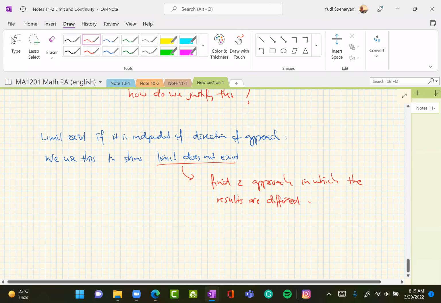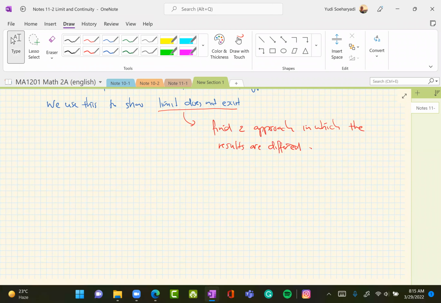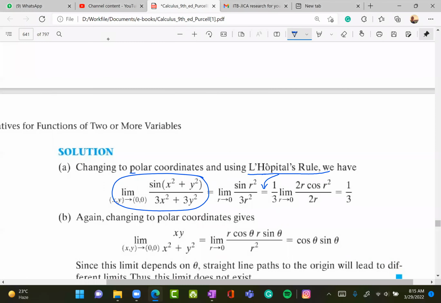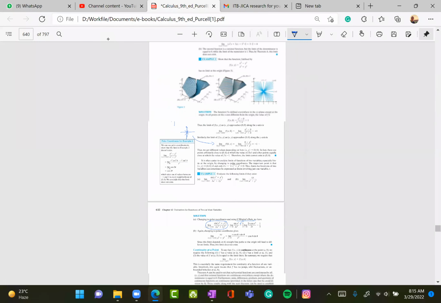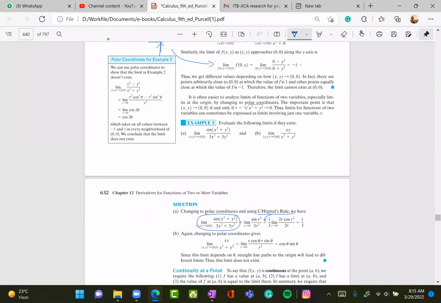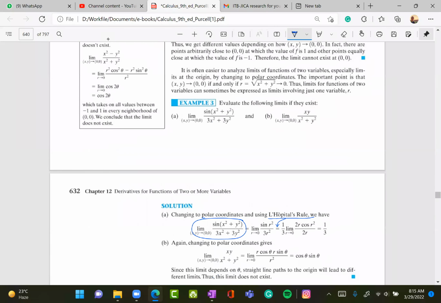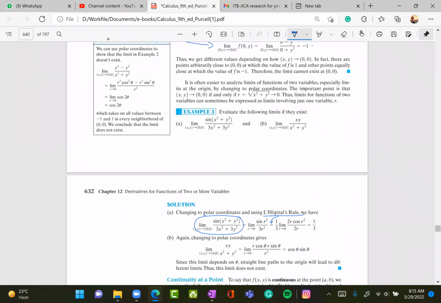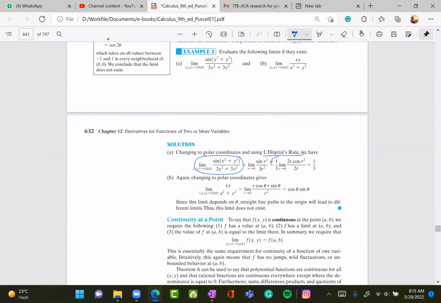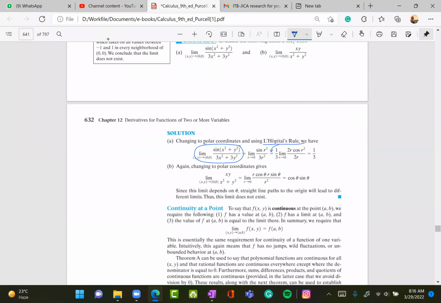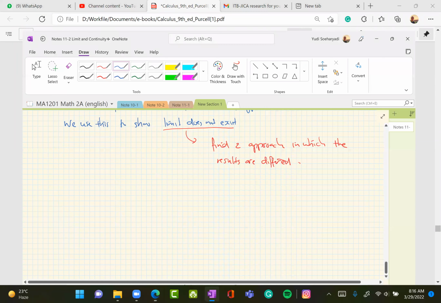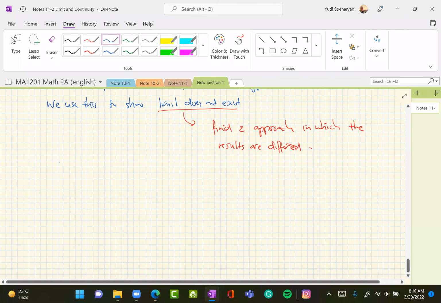Okay, so for example, let's pick up some problems. For example, this one here, xy over x squared plus y squared.